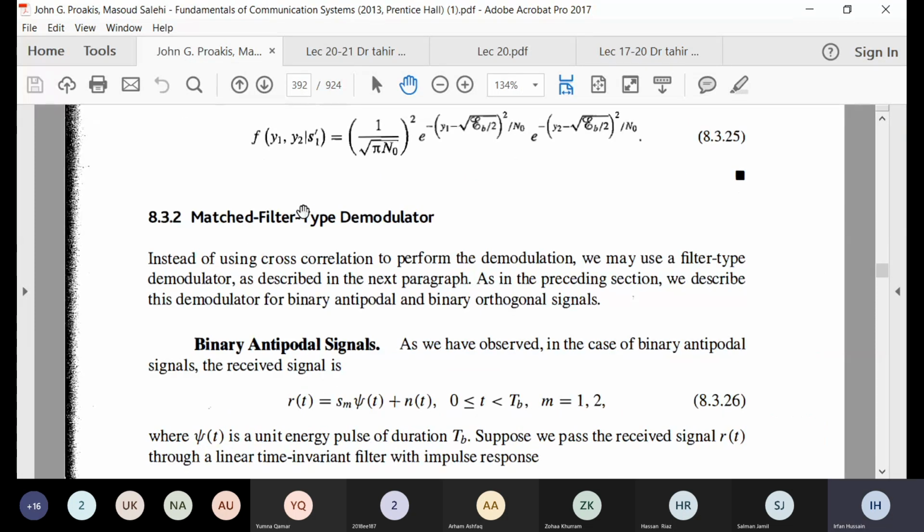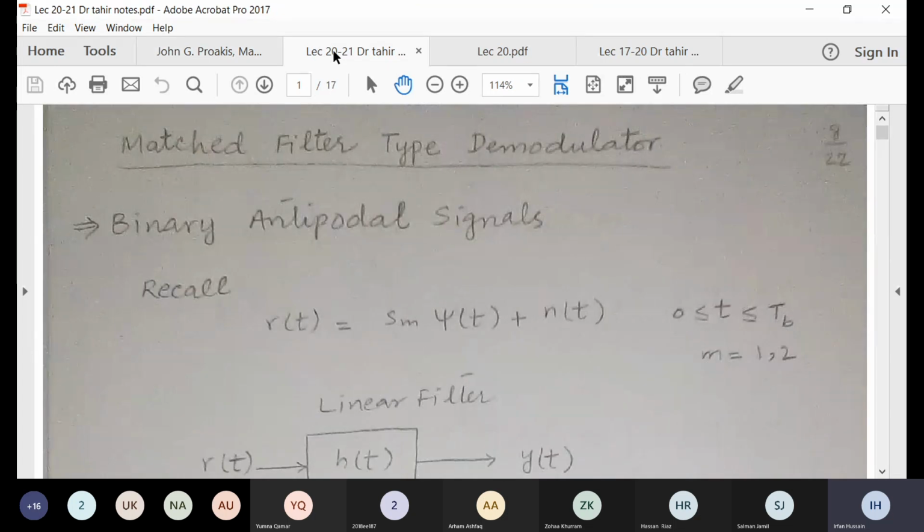Then he discusses the second type of demodulator, which is called the matched filter type or matched filter demodulator. Again, for this type of demodulator, we will discuss its performance for antipodal and orthogonal signals.